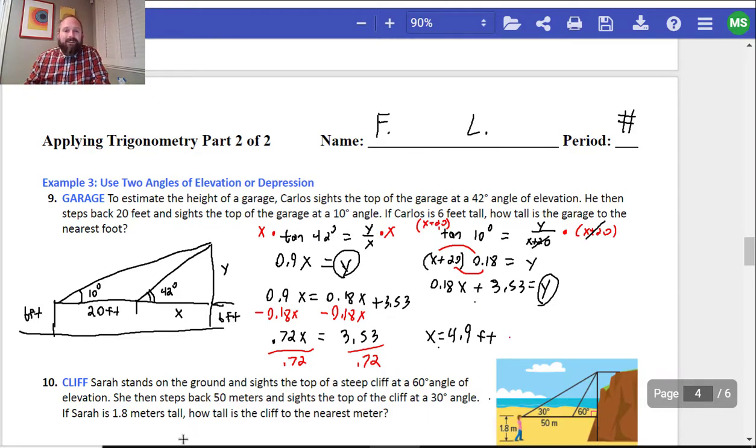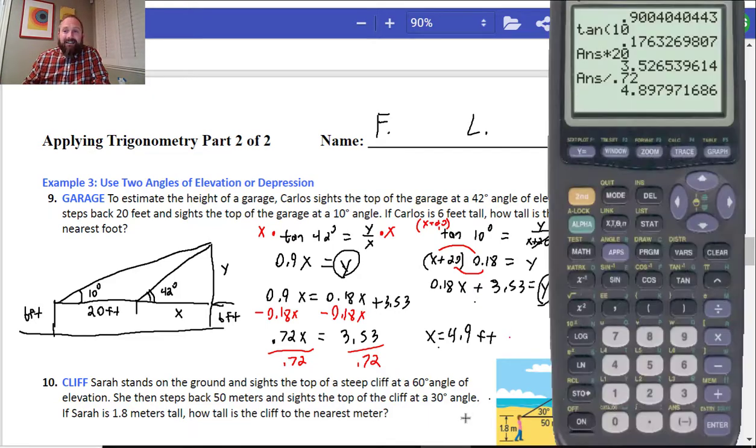So once again, I take my handy dandy calculator and I times x, which is this number, by 0.9. Now all I need to do is add 6. And it says, how tall is it to the nearest foot? Well, seeing how it doesn't get to 0.5, it's only going to be 10 feet tall.